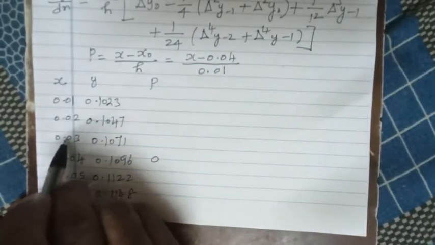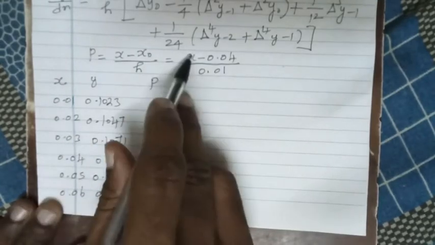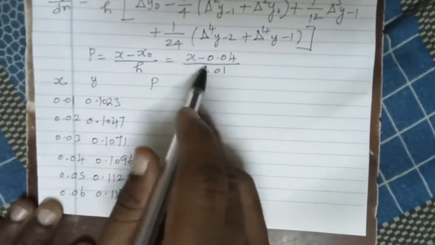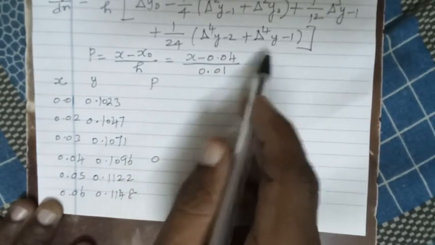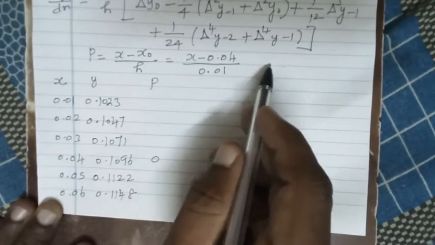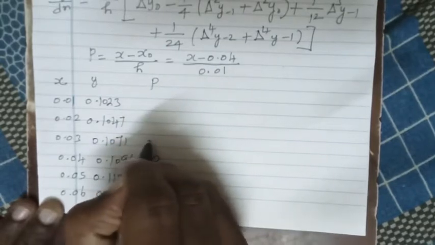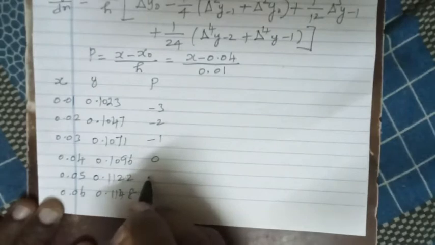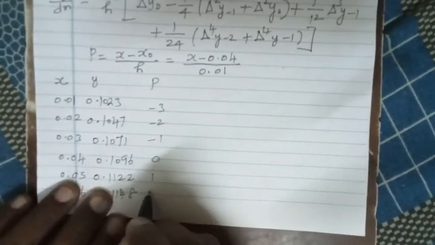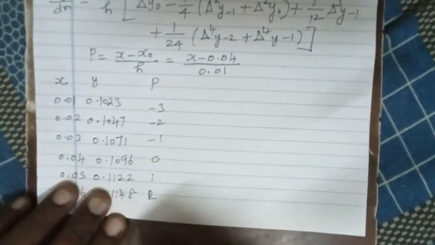Next, x value 0.03 minus 0.04 divided by 0.01 equal to minus 0.01 divided by 0.01 equal to minus 1. This is for minus 1, this is for minus 2 and this is for minus 3. And the corresponding this one plus 1 value and this is for plus 2 value.